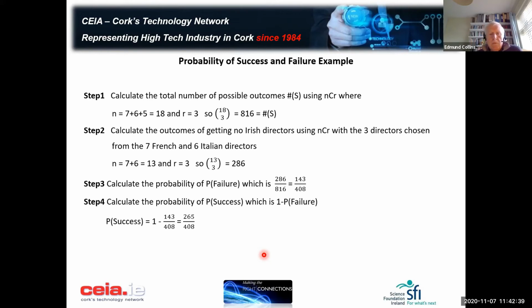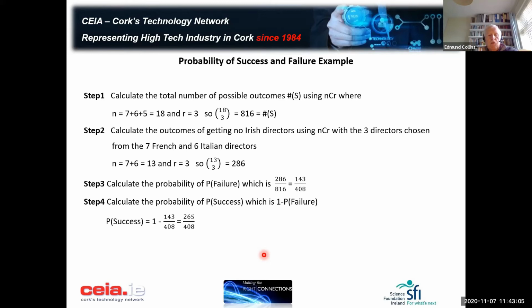So step 3 is to calculate the probability of the failure. Remember, the failure is no Irish directors. So our event here is 286, and our sample space is 816.